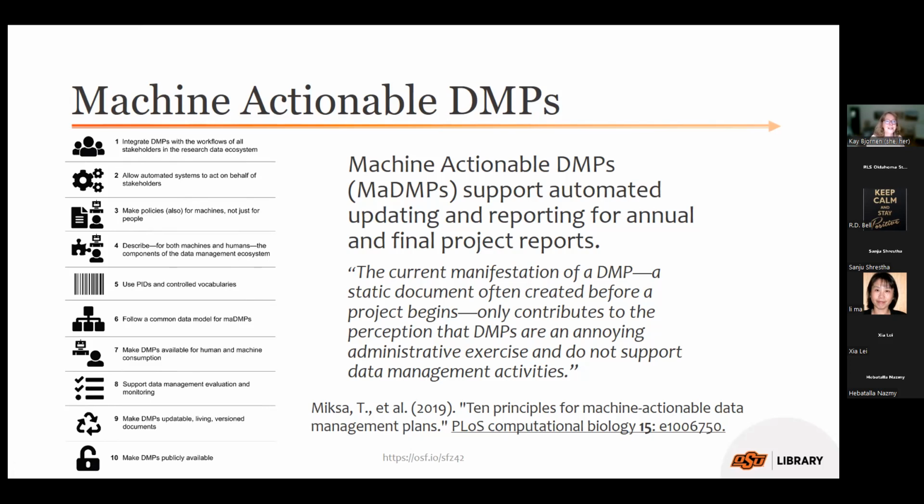And then they are helpful by sending it back and saying it's time to do an annual report, and so it's time to update your DMP, that kind of thing. Okay, describing the components using the PIDs, which is the persistent identifiers, in as many places as possible. Looking for a common data model, making sure, again, all the data collected for your project is consistent in ways that matter, and so on. And then making them publicly available.